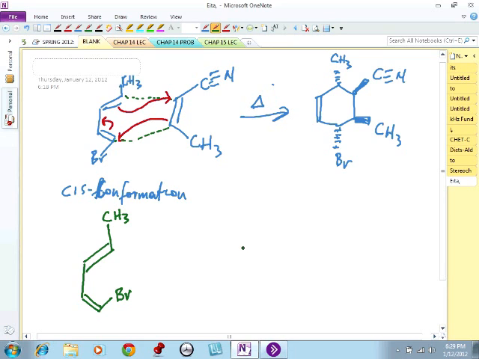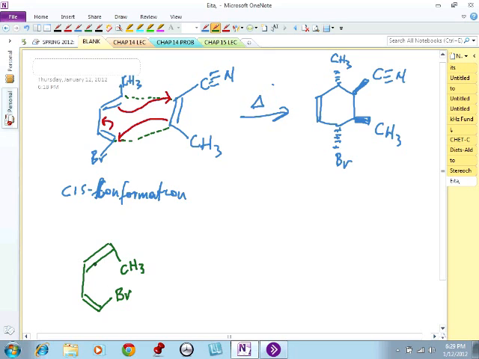Now, also, since you asked that question, supposing we have this. If both of those are cis to each other, like this, this type of molecule is very difficult to undergo Diels-Alder reaction because of steric problem.